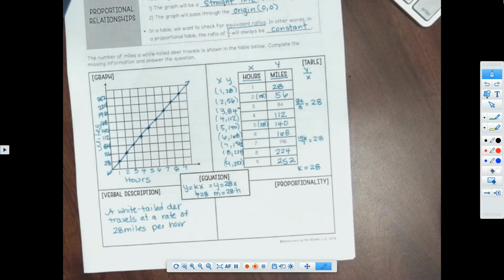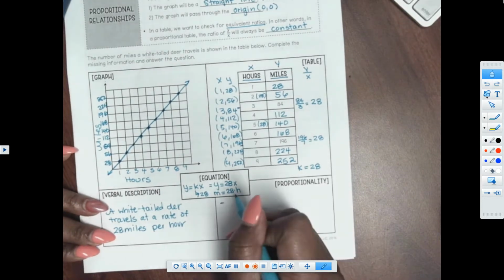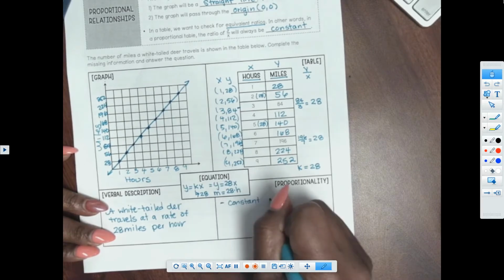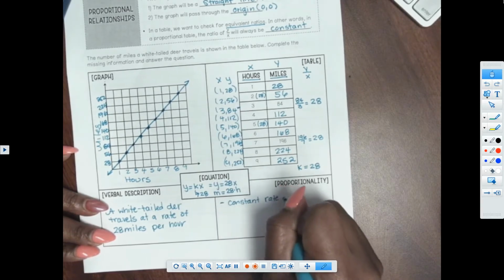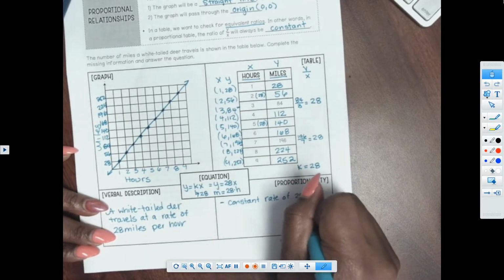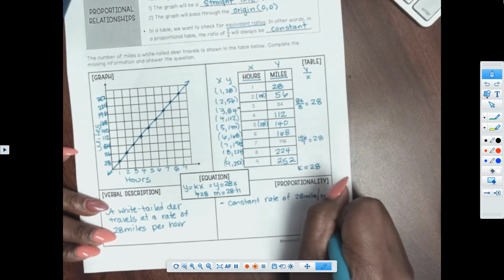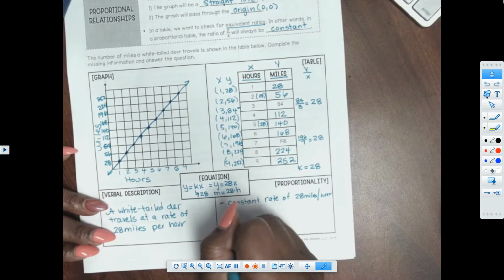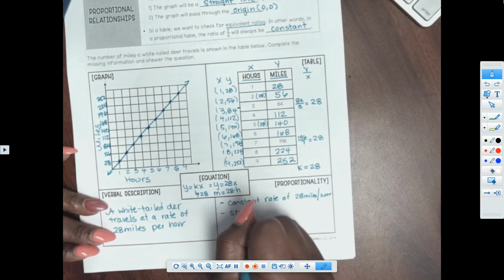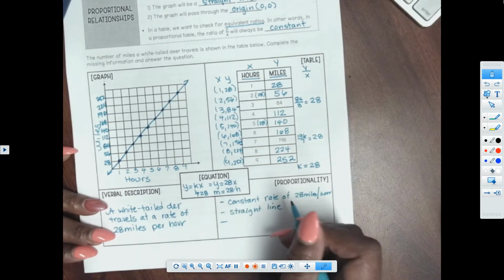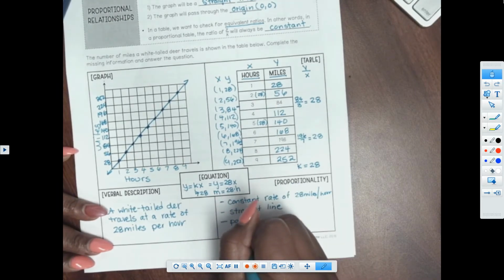And so what let me know that this was proportional? Well, I had three things. I had a constant rate of 28 miles per hour. Then I had a straight line on my graph. And then it passed through the origin.